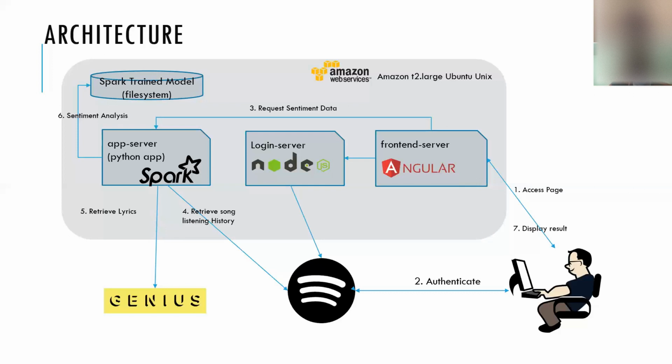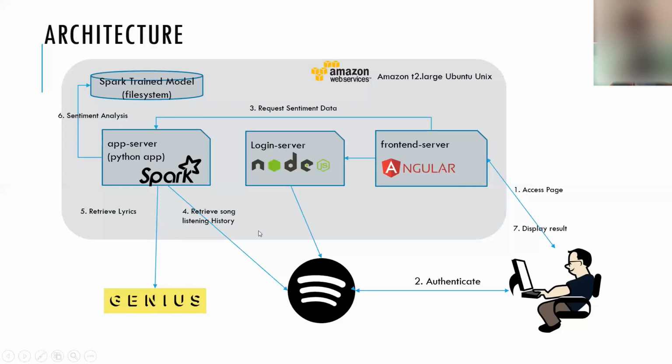Once that is done, a token is generated by Spotify and given to our front-end app, and we make a REST API call to the app server implemented in Python.